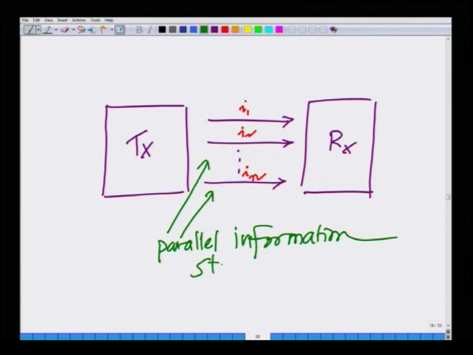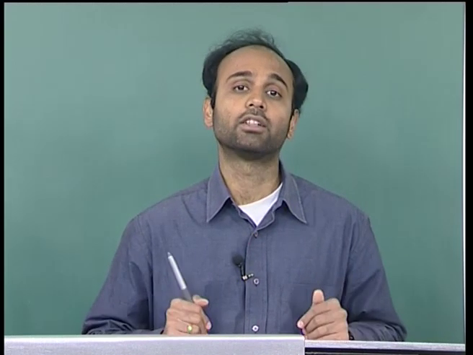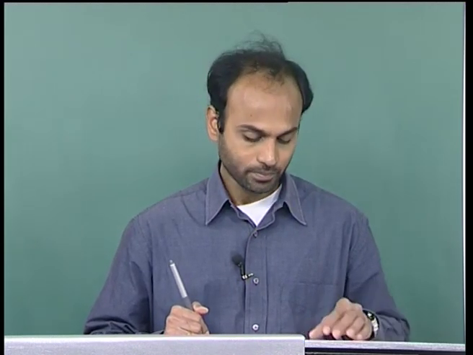This is a schematic. We are going to see the exact technique as we proceed through this topic, how it is possible to transmit multiple independent information streams from the transmitter to receiver in a MIMO system. That is a very unique aspect and a very big advantage of a multiple input, multiple output wireless communication system.